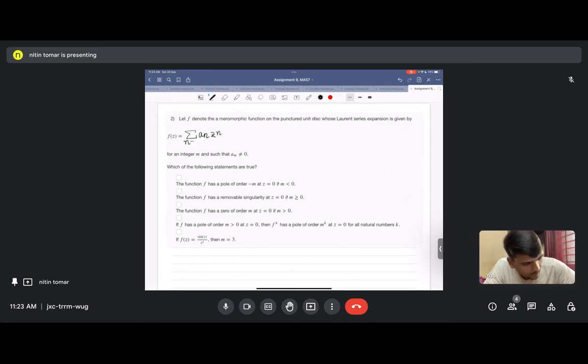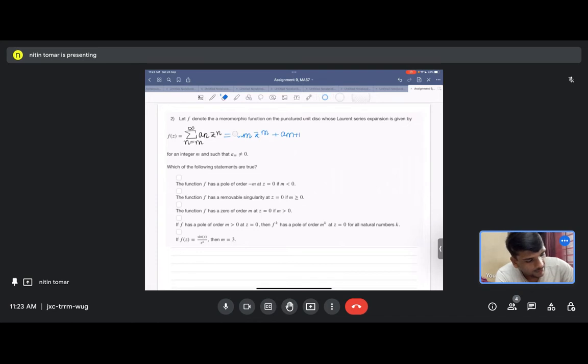So this question needs some correction. So the correction I have written. Now this function is like this: a_m z^m plus a_(m+1) z^(m+1).